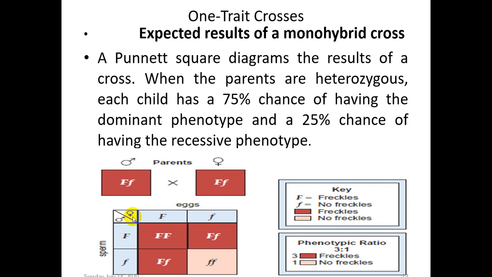So this row is for the egg. This is the egg, capital small, and here you have capital small, and then capital small, capital small, right? So all this colored part gives 3 to 1, as we said in the previous slide.